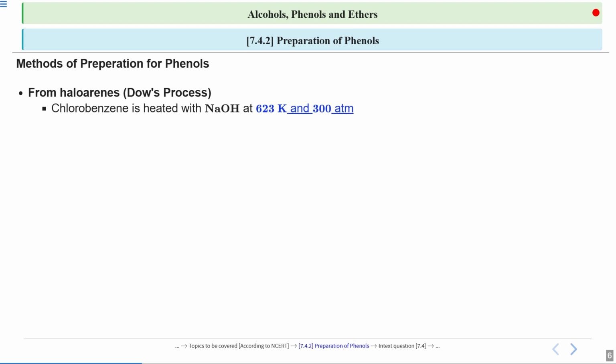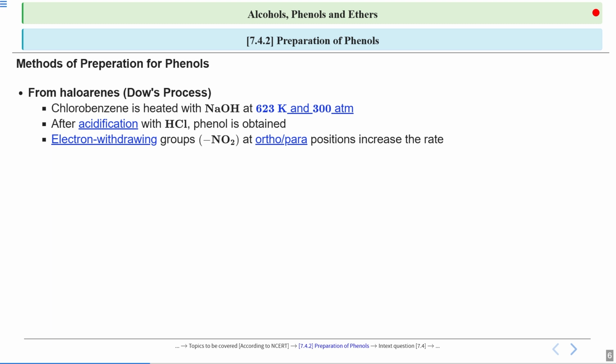When this chlorobenzene is heated with sodium hydroxide, which is a base, at a temperature of 623 Kelvin and a pressure of 300 atmospheres, then after acidification with hydrochloric acid, we will get our phenol.